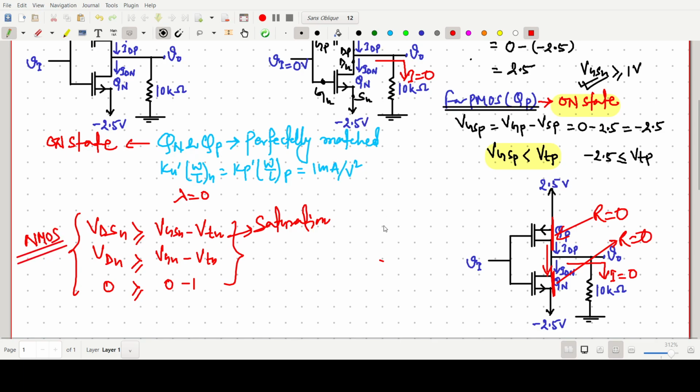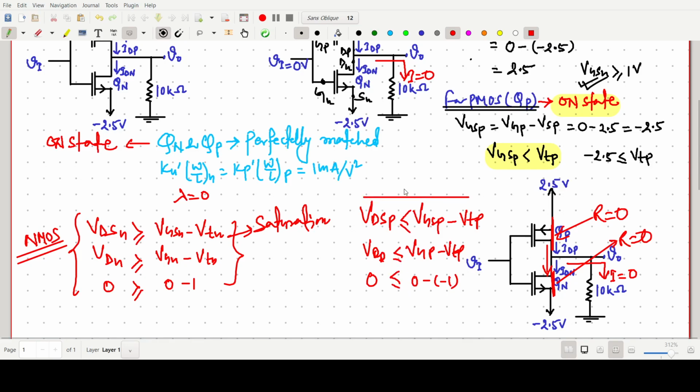Similarly for the PMOS, VDS of P is compared with VGS P minus VTP. So VDP versus VGP minus VTP. VDP is again 0, VGP is 0, minus of minus 1. If it is greater, this is the condition for the PMOS in the saturation region.